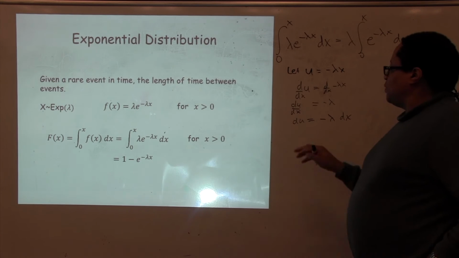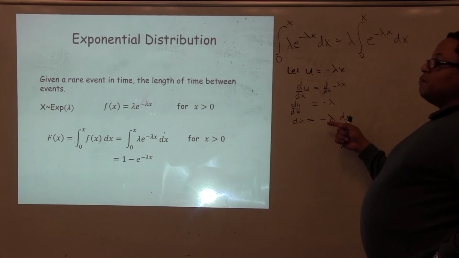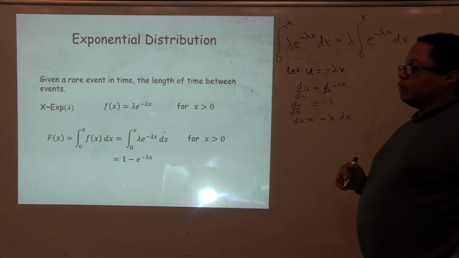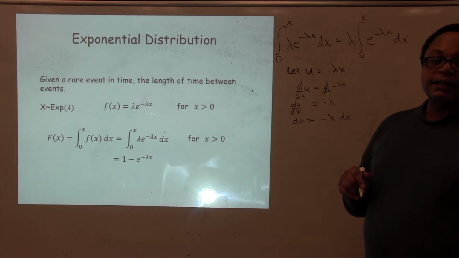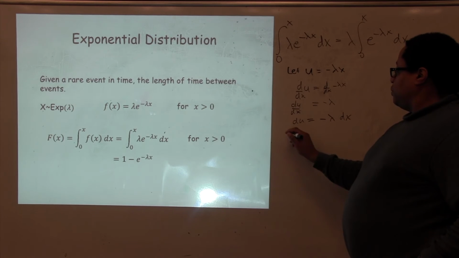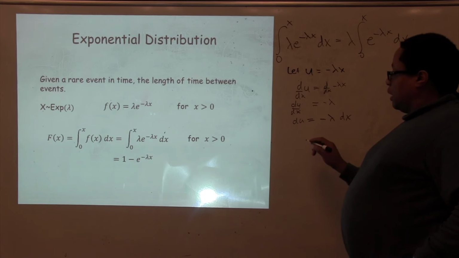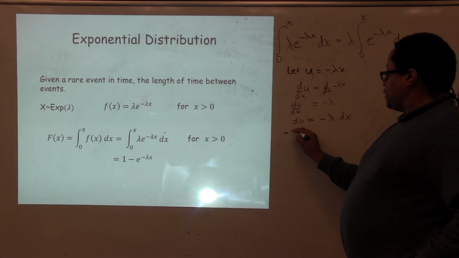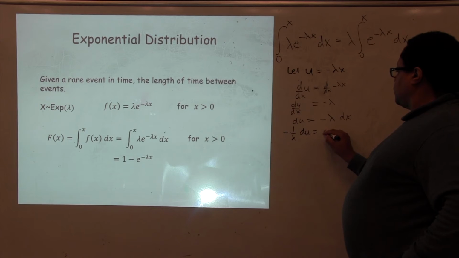That means every time we have a change in u, that's a factor of minus lambda for the requisite change in x. Okay, so we can do some algebra here. We divide both sides of the equality by minus lambda, so we get minus 1 upon lambda du is equal to dx.